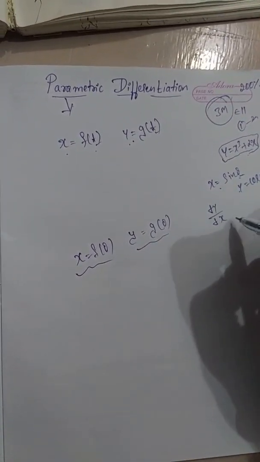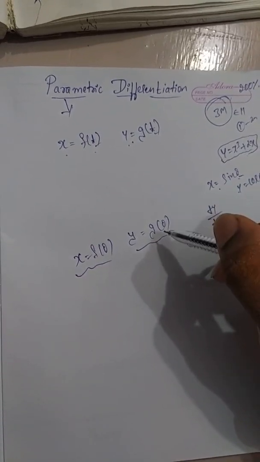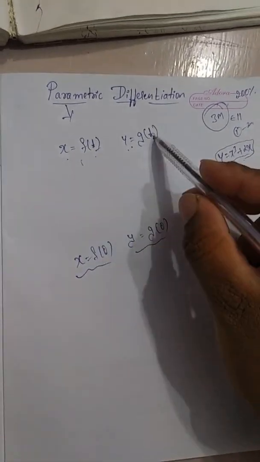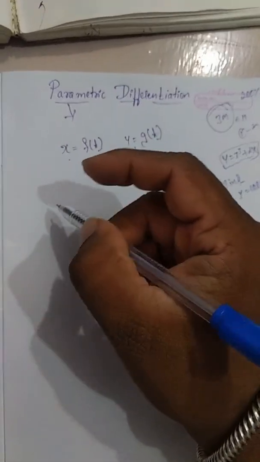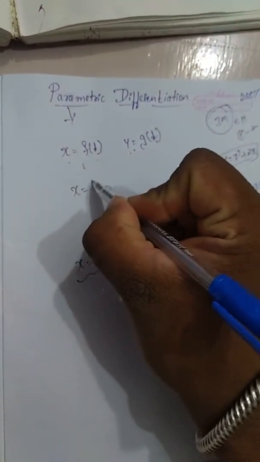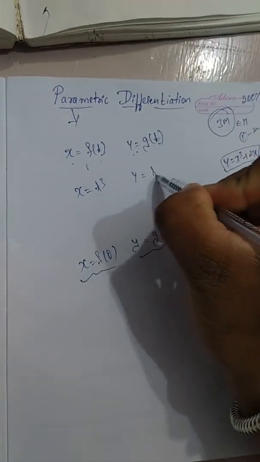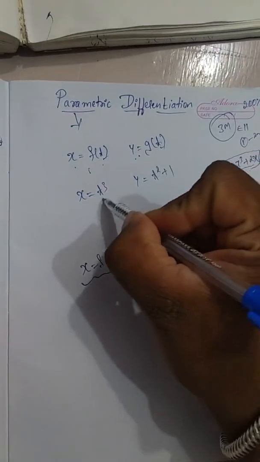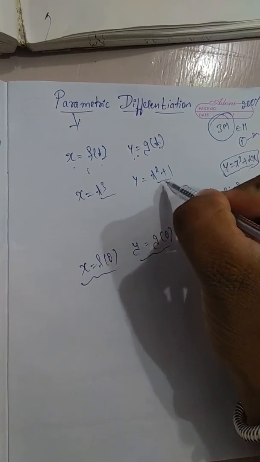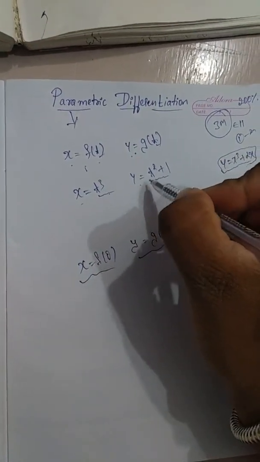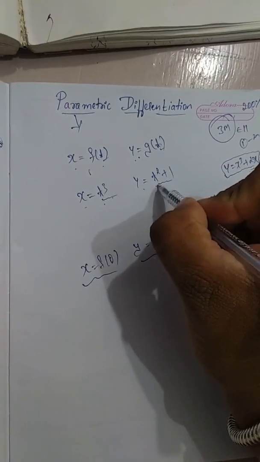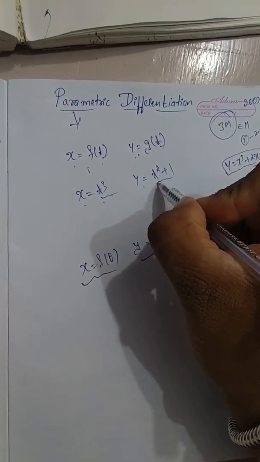Some more examples: x is equal to t cube, y is equal to t square plus 1. Here we have a parameter t, and x and y are expressed in the form of t. Such functions we call parametric functions.